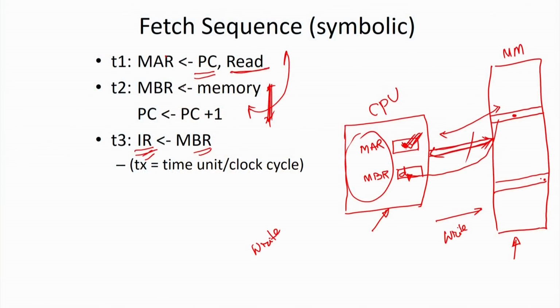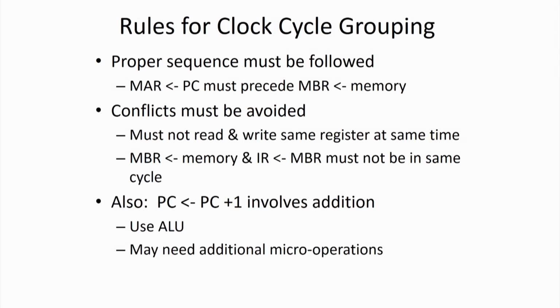So, this operation cannot be performed before the first operation. This is the proper sequence. First I have to transfer the program counter to MAR, and only then will I know the address. So, PC to MAR must precede memory to MBR. Again, conflicts must be avoided. Why am I saying that everything cannot be done at one go? Because some conflict may occur.